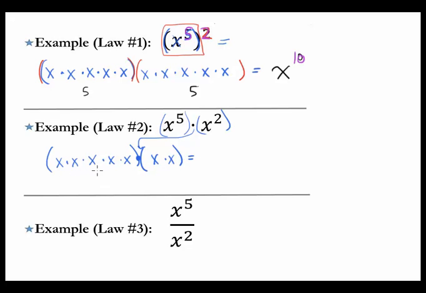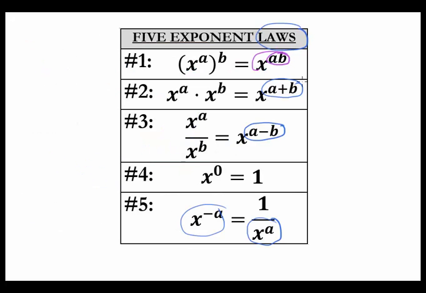If I count up how many there are, there's 5 here and 2 here, so we end up with x to the 7th power. Again we ask, what can I do with a 5 and a 2 to get to 7? The answer is we add them, and that's where this law comes from.